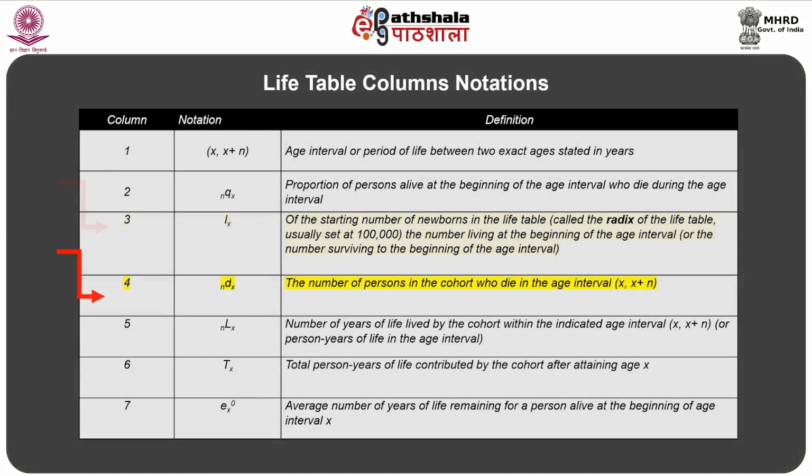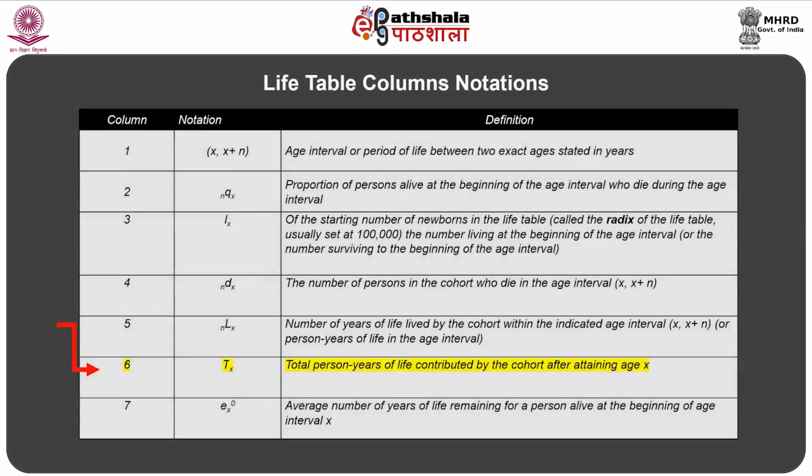Now, column number 4 is notated as ndx, the number of persons in the cohort who die in the age interval x plus n. Column number 5, nLx, the number of years of life lived by the cohort within the indicated age interval x plus n, or person-years of life in the age interval.